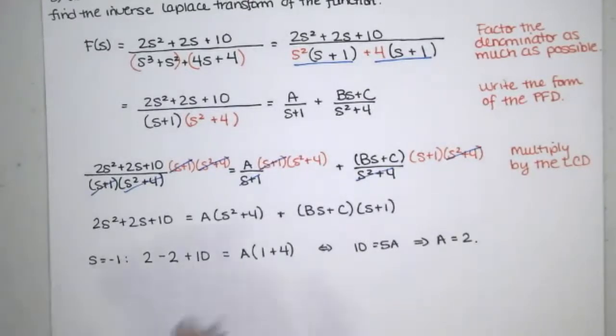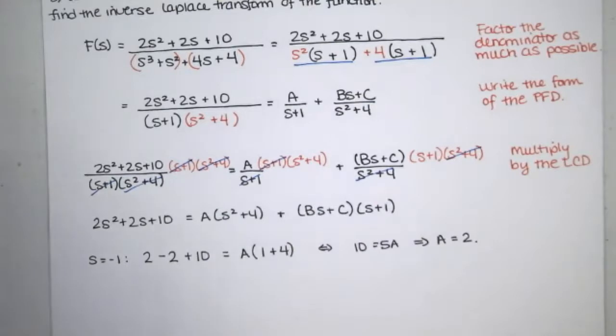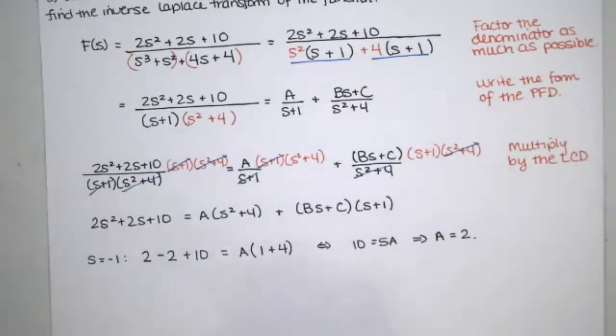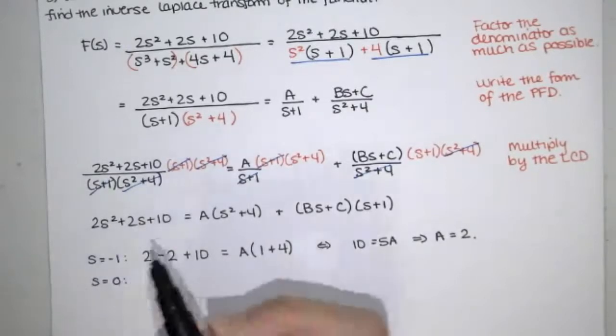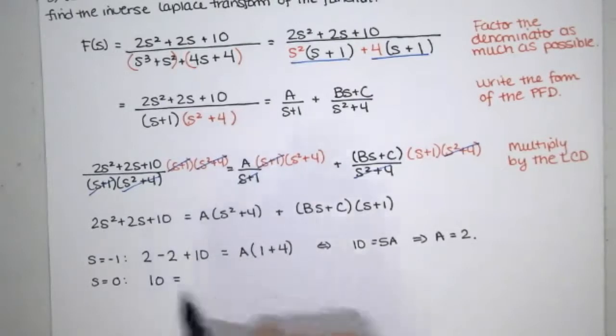Now you want to pick any value of s from here in order to try to find B and C. I would choose s equals 0 and s equals 1 because expressions are really easy to evaluate at s equals 0 and s equals 1. So when s equals 0, we'll have 0 plus 0 plus 10 on the left-hand side.